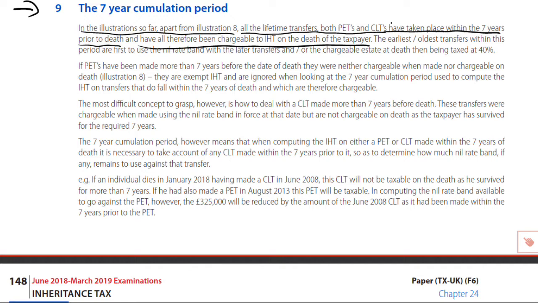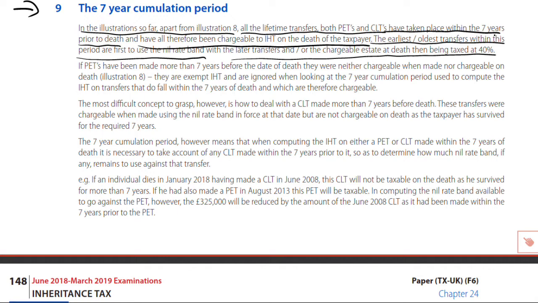But on death, how do we then tax those PETs and CLTs falling within the 7 years before the date of death? The earliest, i.e. the oldest transfers within that 7-year period, are deemed to firstly use the nil rate band. The later transfers, and the chargeable estate if there are no later transfers, are then taxed at 40% as soon as you've used up that £325,000 nil rate band.